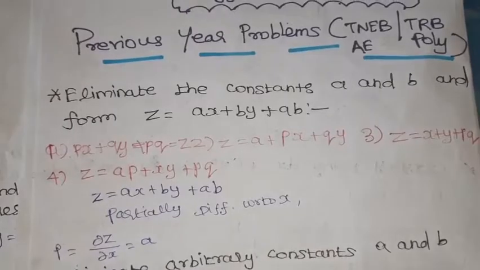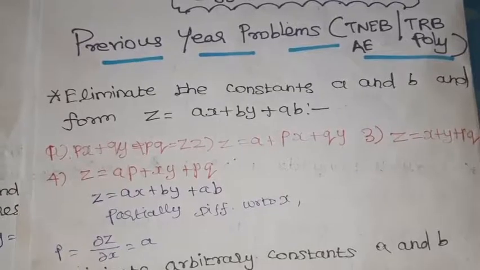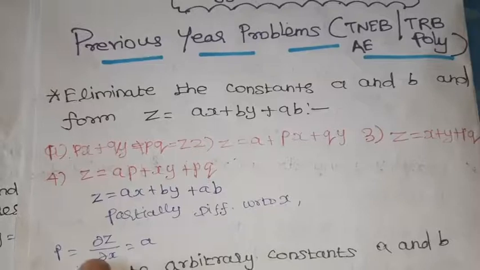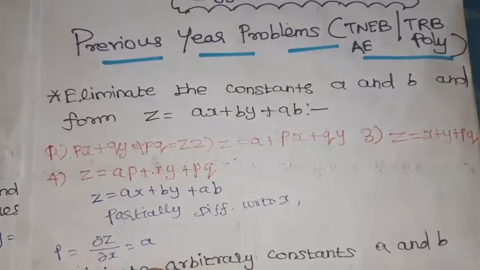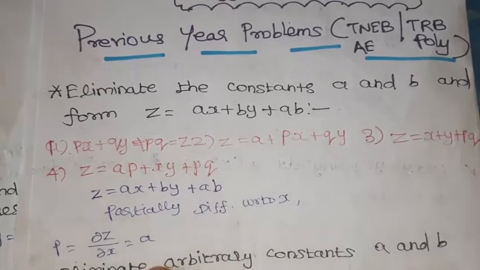We need to know some terminologies before solving the differential equation: dou z by dou x equal to p, dou z by dou y equal to q, dou squared z by dou x squared equal to r, dou squared z by dou x dou y equal to s, and dou squared z by dou y squared equal to t. This is the equivalent term for these partial derivatives.